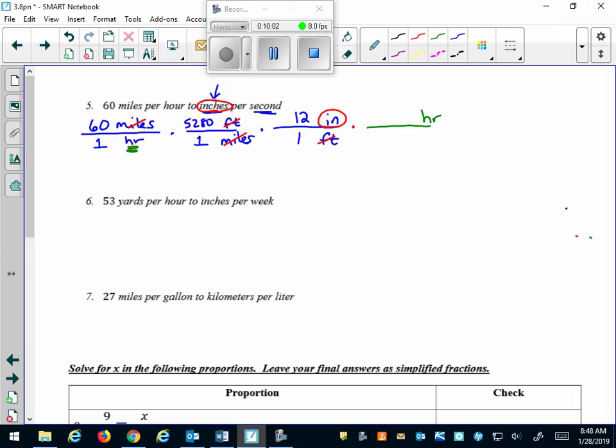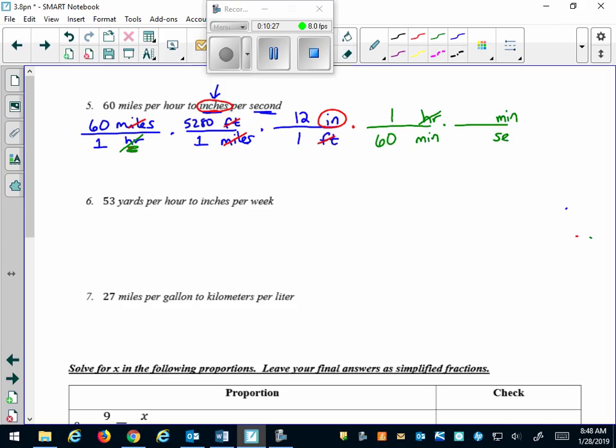Now again, I'm trying to get to seconds on the bottom, per second. Do I know how many seconds are in an hour? No, but I know how many minutes are in an hour. There's 60 minutes in 1 hour. So my hours cancel now, but I still have minutes, and I'm trying to get to seconds. So I need minutes to cancel on the top.